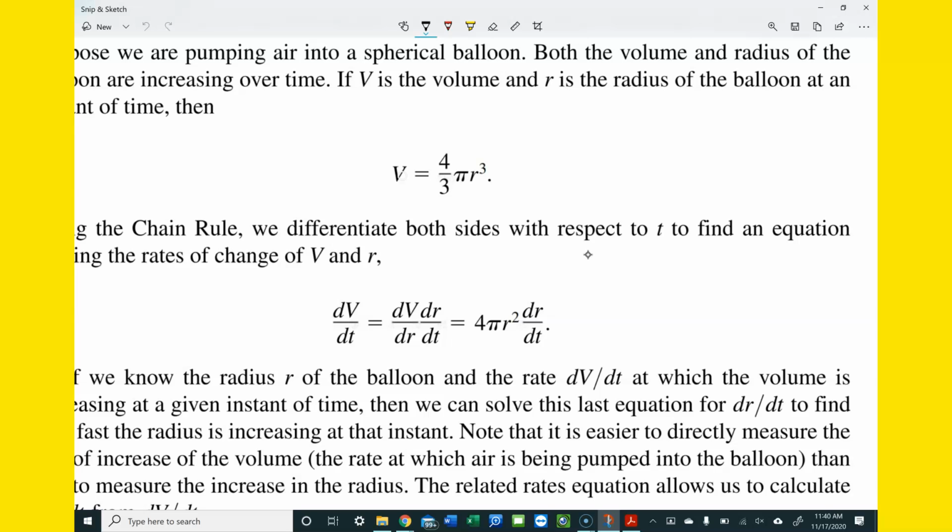So the derivative of V with respect to time is dV/dt, or you could also use the notation V prime of t. That's fine too. But dV/dt equals, all right, what's the derivative of this with respect to time?